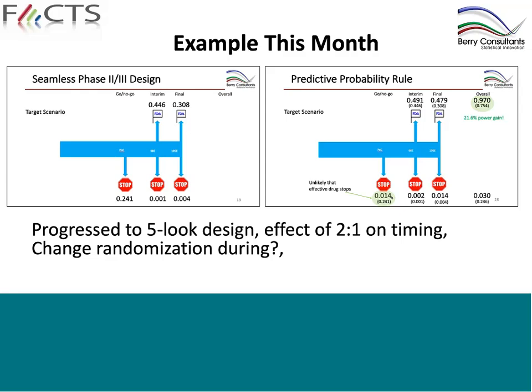Can we change it during the trial from phase 2 to phase 3? It became a much more complicated design, and they trusted the simulations after they were initially skeptical: "I don't know what this means. I've never done this before." They were able to trust it as making calculations and comparing different designs in the language that was important to them. So that was an example.